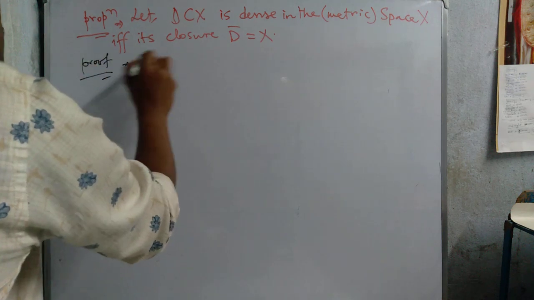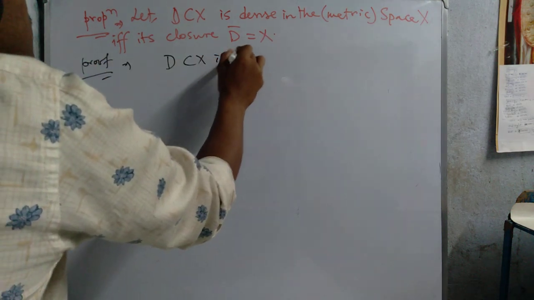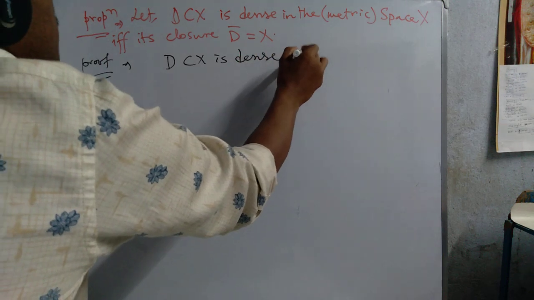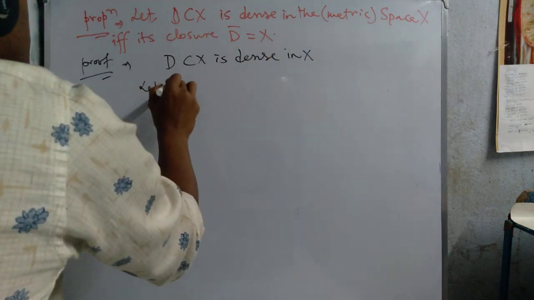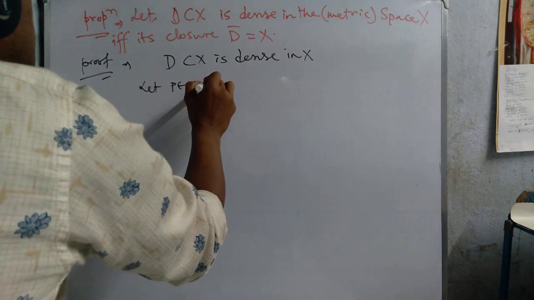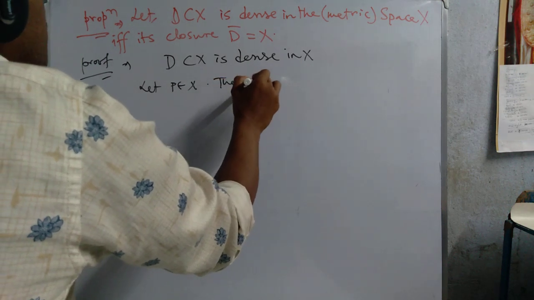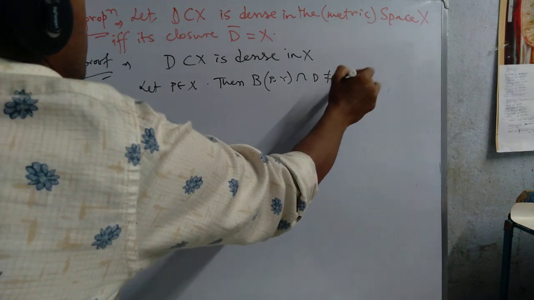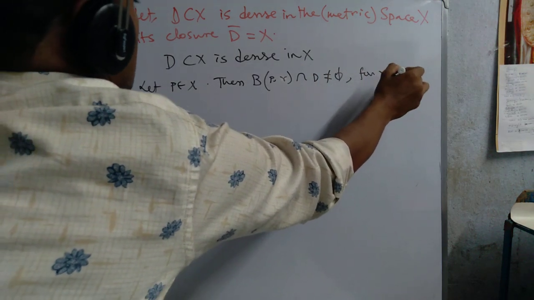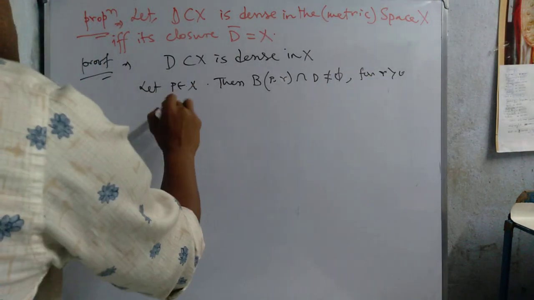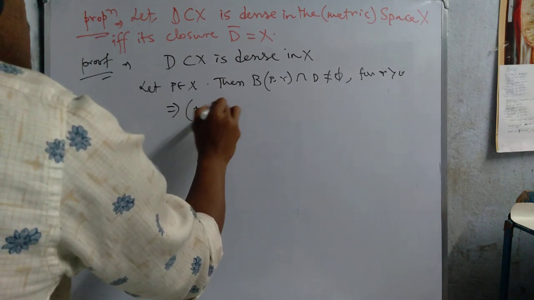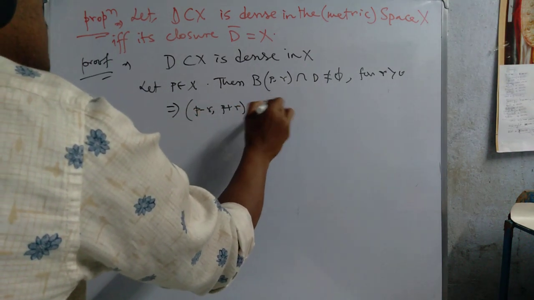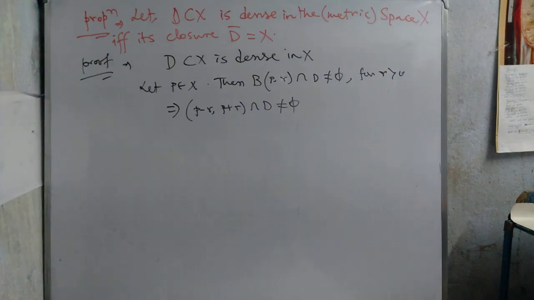First we write this: D subset of X is dense in X. So let P belong to X, then B(P, r) intersection D not equal to empty set for r greater than 0. Then this implies (P − r, P + r) intersection D not equal to empty set. This is easily done. But how do we prove that?